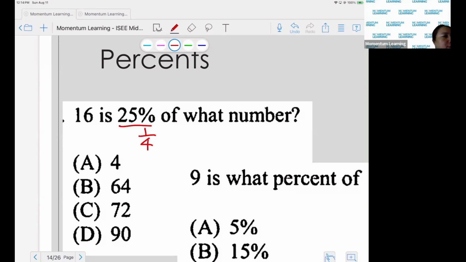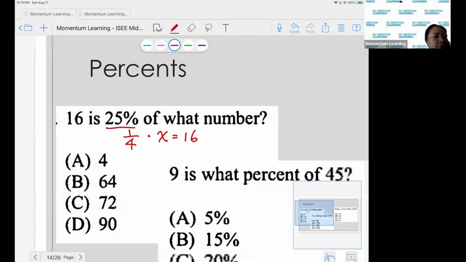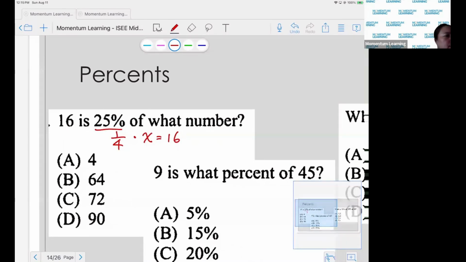Okay, yeah, so 25% is 1/4 of what number? That's the number you need to find, it equals 16, and you multiply by 4. Very good.